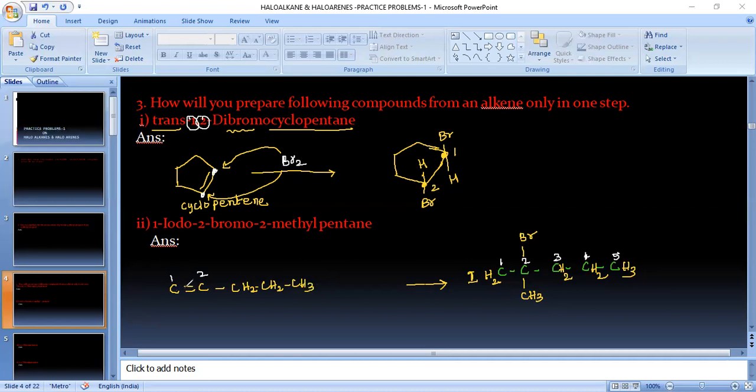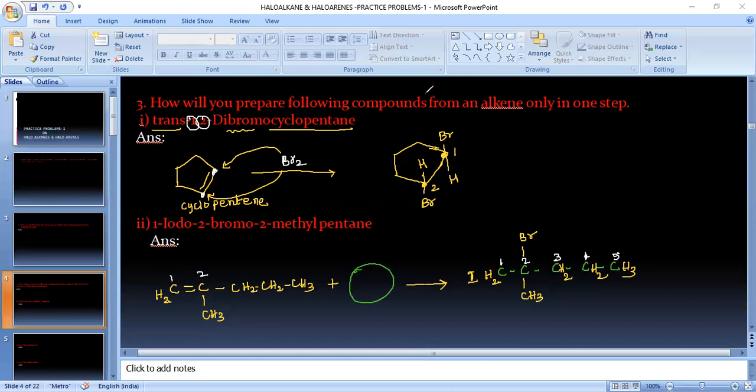The first carbon should be CH2 double bond C, and the second carbon has no change here, CH3. 1, 2, 3, 4, balanced. So when this compound reacts with which reagent will we get this product?